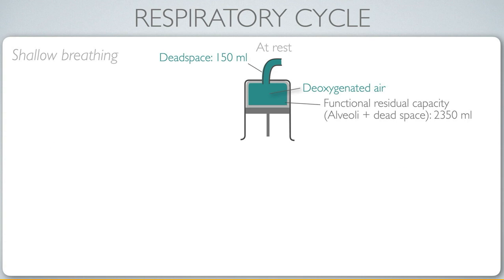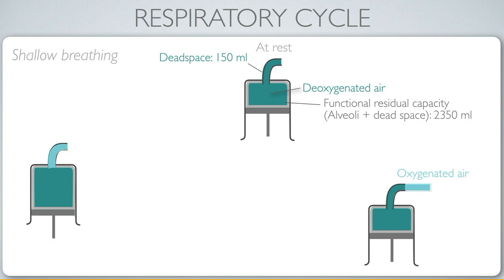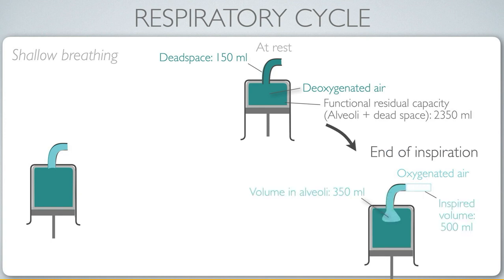All right, so let's look at other states in the respiratory cycle. So we have the end of inspiration, so the goal with inspiration is to bring oxygenated air in, right? So that's what we see here. On the end of inspiration, we have that volume of air brought in.